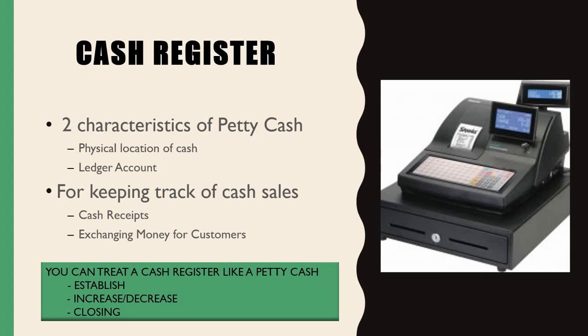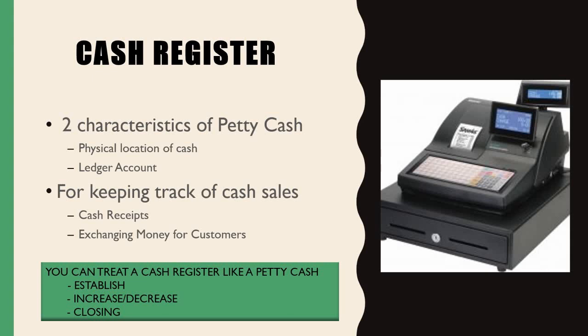Okay, so again, the two characteristics a petty cash drawer and a cash register have in common are, number one, having a physical lockbox, which is the cash register itself, that is normally locked unless you have that button or a key to unlock it, of course. And of course, you have to create a ledger account. So there's a similarity right there. Okay.